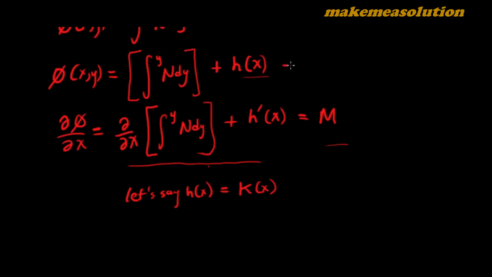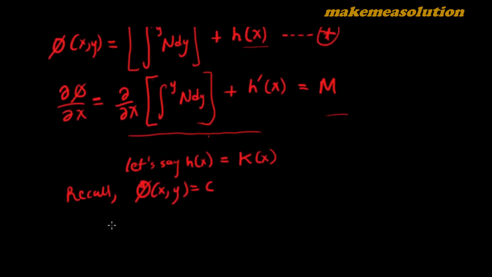So we'll now plug it back into this equation star over here, because this is what contains our solution. So you also have to recall at the same time that phi of x comma y is equal to c. It's a constant function. So in substituting all these values, c becomes the partial integral of n dy, then plus h of x. H of x is now going to be what?